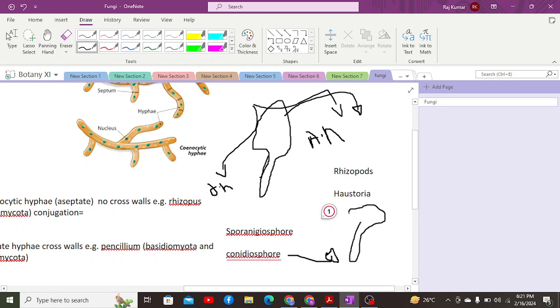Likewise, if you're supposed to draw the structure, this would be the complete conidiospore, and over the tip of it there would be a sac-like structure known as conidia. Conidium for singular, conidia for plural.